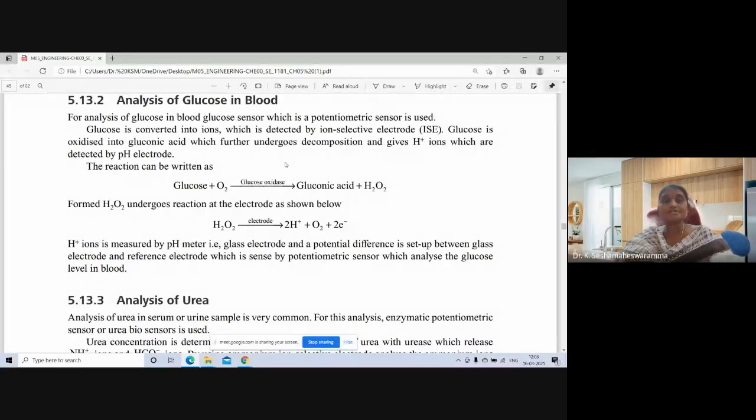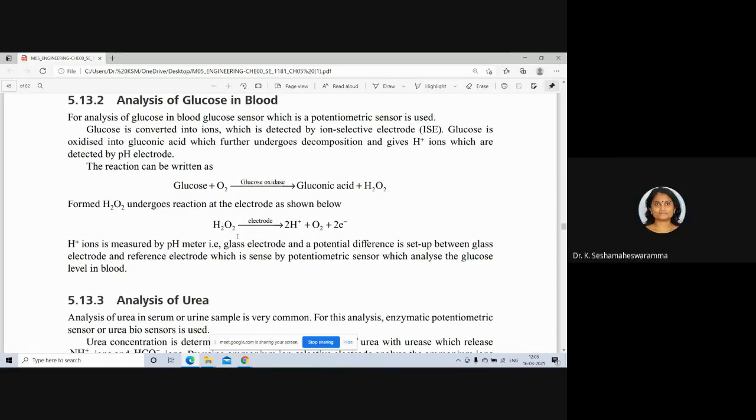Glucose is oxidized into gluconic acid in the presence of glucose oxidase enzyme, which further undergoes decomposition and gives H+ ions, which are detected by the pH electrode. So gluconic acid and hydrogen peroxide are formed. The hydrogen peroxide undergoes reaction at the electrode as shown below.